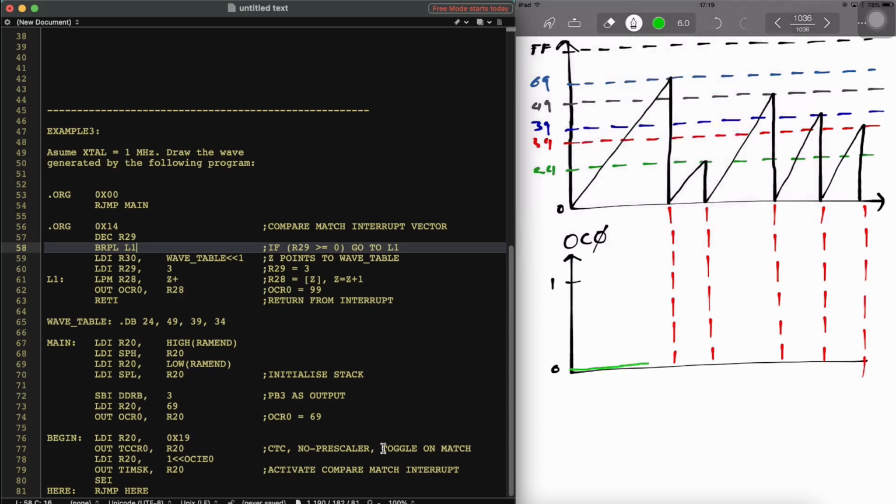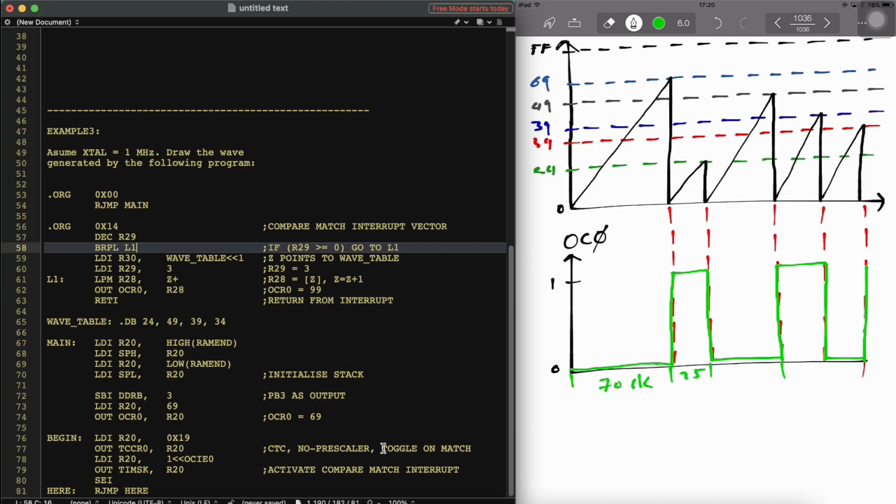So again, starting with 0, then we toggle it. Another match, we toggle down, and then stay 0, then toggle again, and then high, and toggle again down, low, and high again. So you can see how the frequency is different. You can see here that this part is 70 clocks. This is 25 clocks.